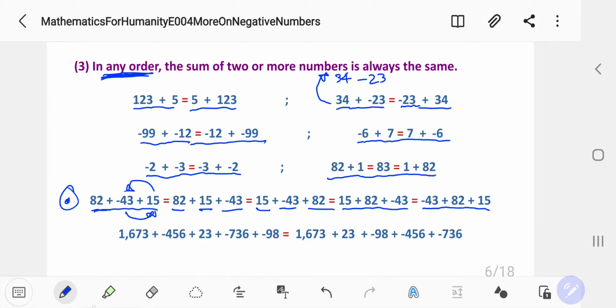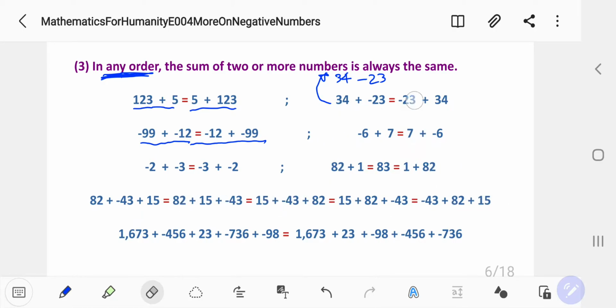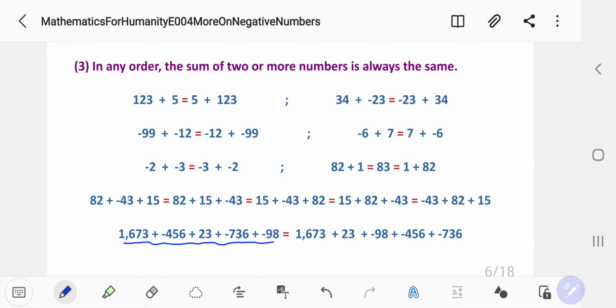And now let's clean this. And so here you have 5 numbers added here. So you have 1673 plus negative 456 plus 23 plus negative 736 plus negative 98.